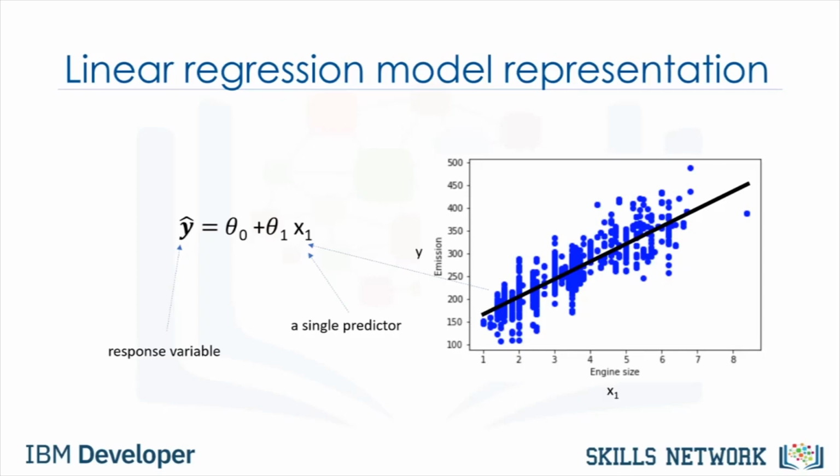This means we must calculate theta 0 and theta 1 to find the best line to fit the data. This line would best estimate the emission of the unknown data points. Let's see how we can find this line, or to be more precise, how we can adjust the parameters to make the line the best fit for the data.